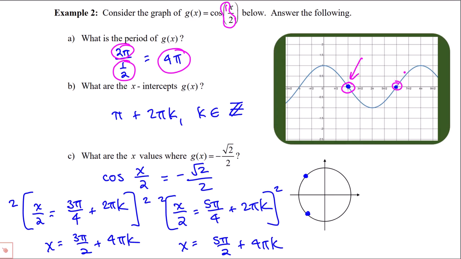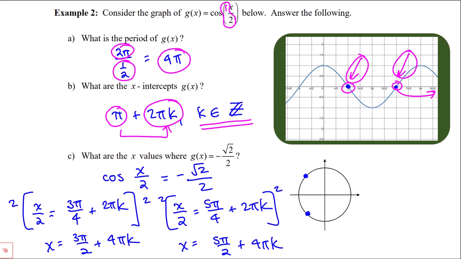Well, that's pi, and that's, I mean 3 pi, so it's pi and 3 pi. So I start at pi, and the next one's 2 pi away. And the next one's 2 pi away over there. So it's every 2 pi away, k is an integer.